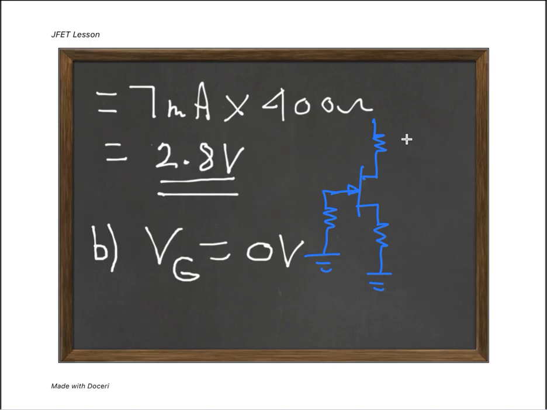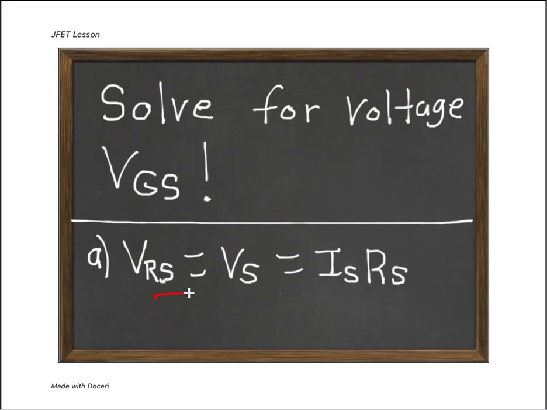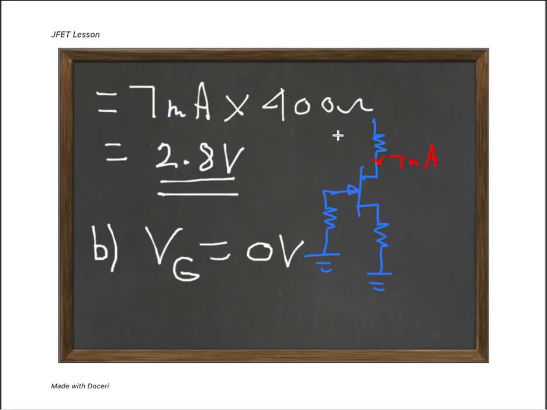Okay, so then we're going to let the drain current be IDSS, a maximum, and then we're going to solve for VRS. So that's going to be, well, that's VRD, which we don't really need, but you can calculate if you want to. And this is going to be VRS.